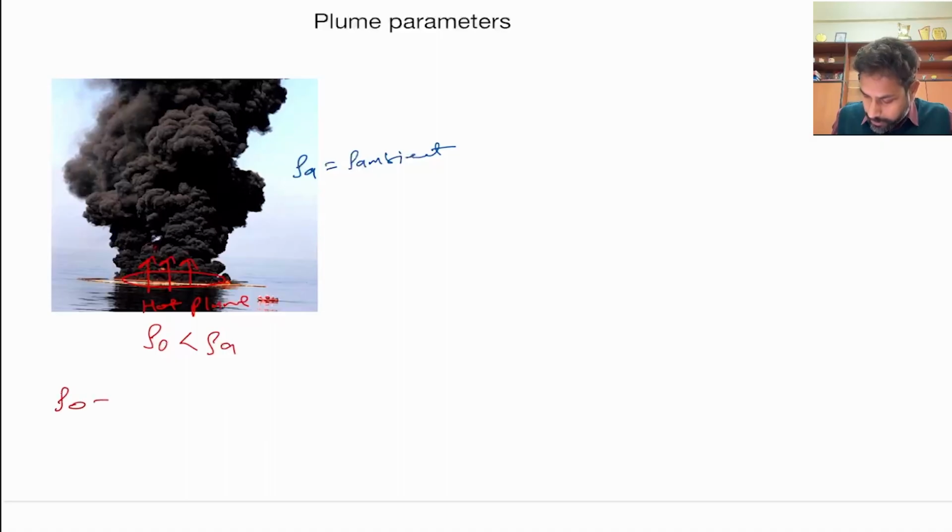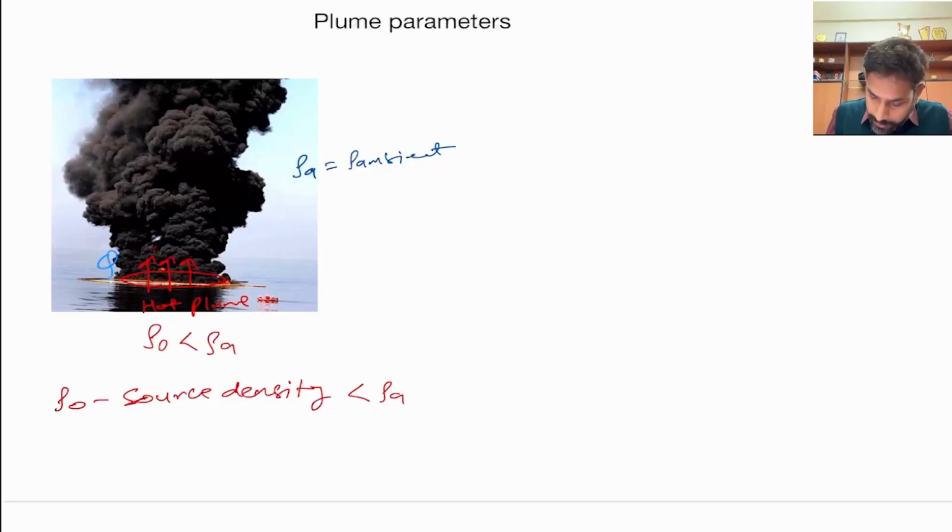So rho naught is the source density, or the density from where the plume is coming out, and here it is smaller than the ambient density. Because it has lighter density, it goes up. At the same time, apart from the density difference, it might be coming with some volume flux. It must have some volume with which it is coming.